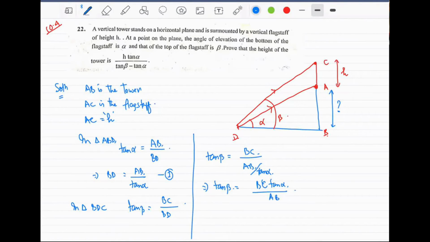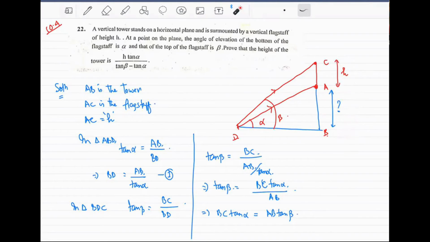Now let's do a little cross multiplication. There is one numerator here, right? So cross multiply, we will have BC tan alpha on one side and AB tan beta on one side. Remember, we wanted to find out this portion right here.